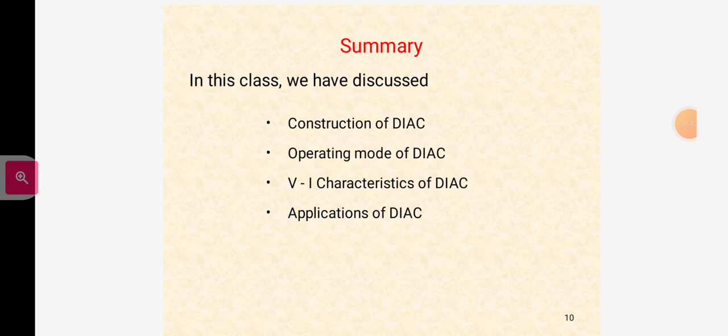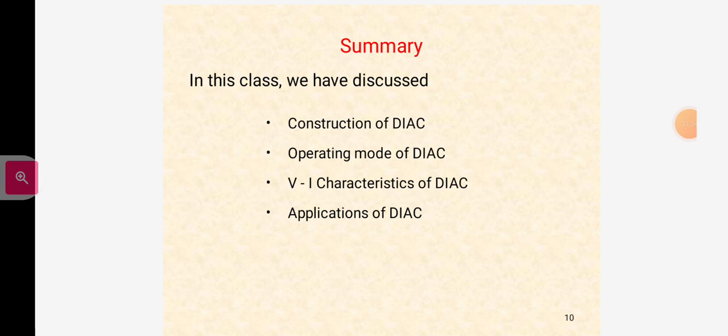When the terminal T2 is positive with respect to T1, the layers PN dash start conducting when the voltage of T2 is more than the breakover voltage VBO2. In both cases the currents during the blocking regions are very small and are called leakage currents.